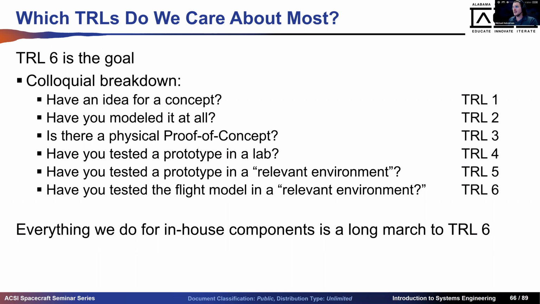5 is development environmental tests. So you're putting it in a thermal vacuum chamber at like 10 to the minus 4 torr and at 0 degrees C or something. TRL 6 is qualification environmental test. So that's going to be 10 to the minus 5 torr, a deeper vacuum.